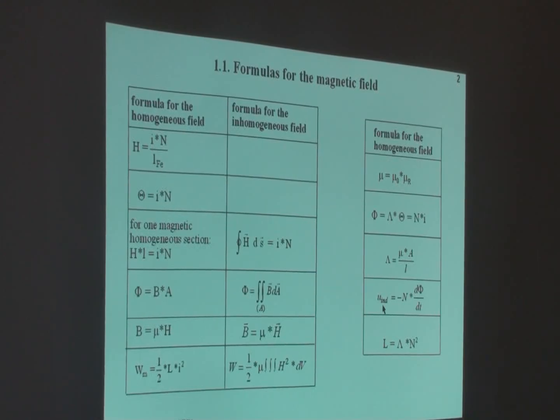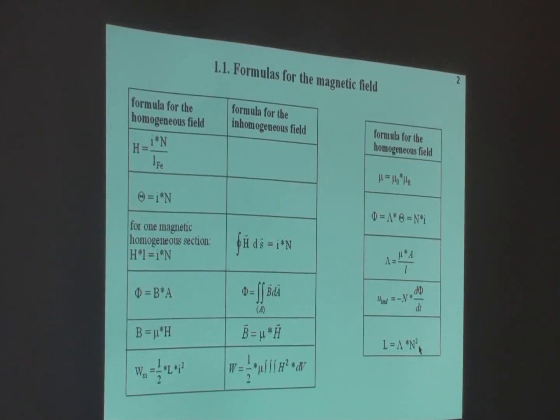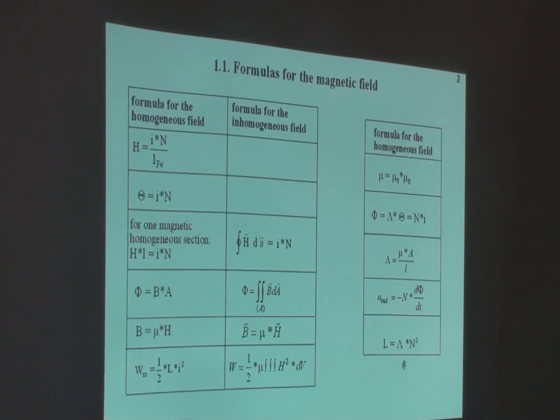The induction law is the basis of all, and the inductivity of one coil of iron. You know already from school or study, and this is how you calculate an iron coil, but it's not so important for EAFs.